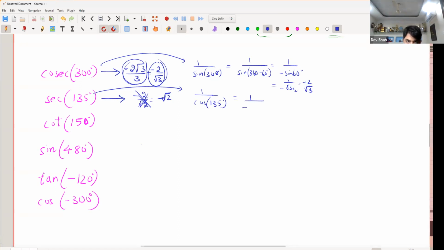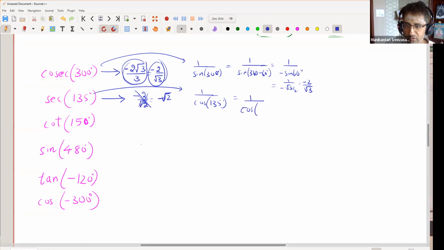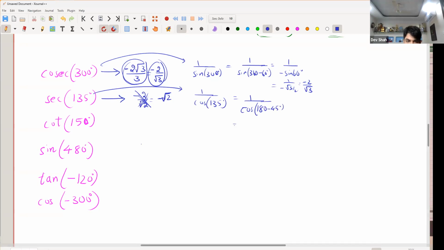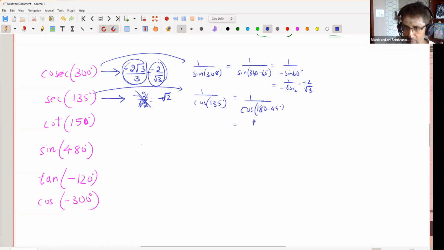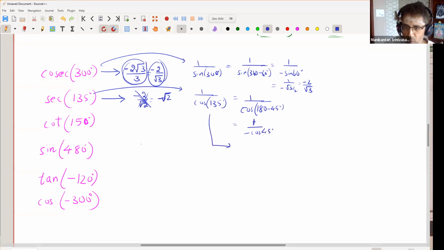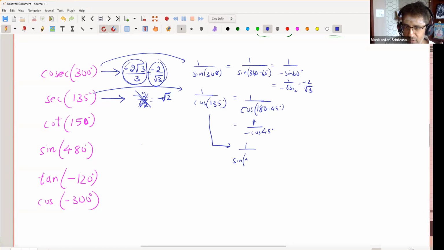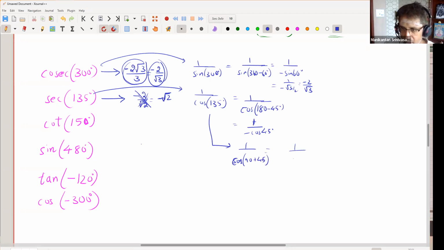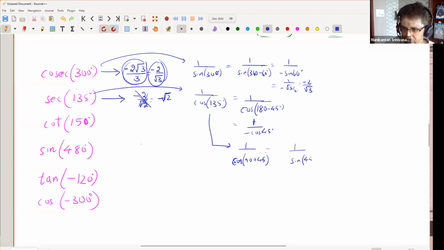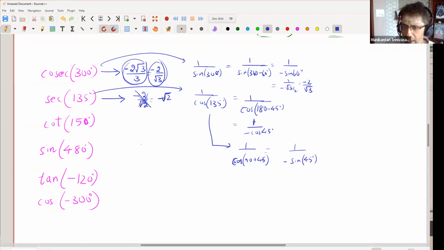I can also view it as 1 upon cos of 90 plus 45, which will change to sine, and cos is negative in the second quadrant. Therefore it's the same as 1 upon minus sine 45. Here you got 1 upon minus cos 45, here 1 upon minus sine 45.